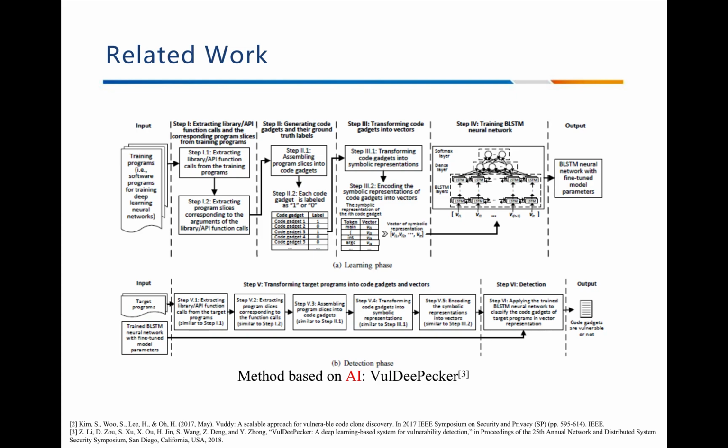It actually contains two phases: the first phase uses machine learning to train the network, and the second phase uses the network to detect vulnerabilities. And VulDeePecker is one of the most representative examples.